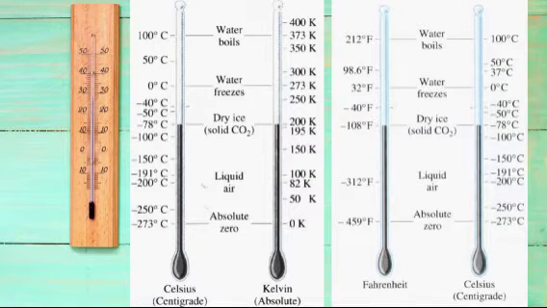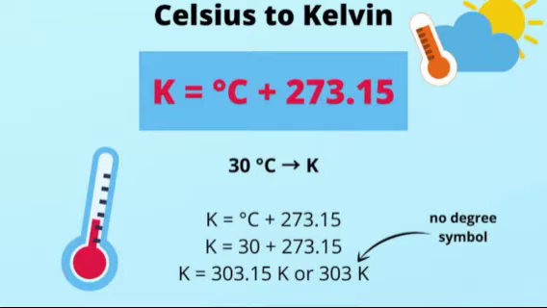Mostly we use Kelvin, but it has three scales: degree Celsius, degree Fahrenheit, and Kelvin. These are scales that tell us how much vibration the molecules of an object are undergoing. So temperature is simply the measure of how much vibration the molecules of an object are undergoing.